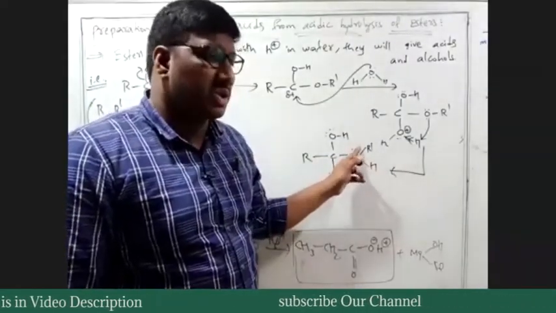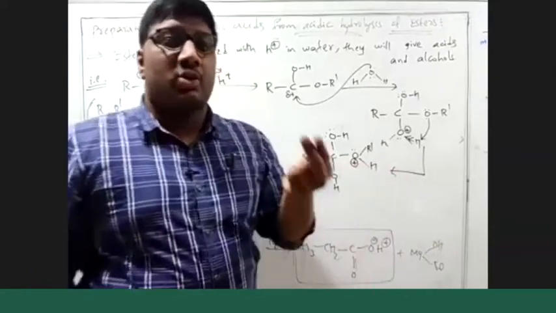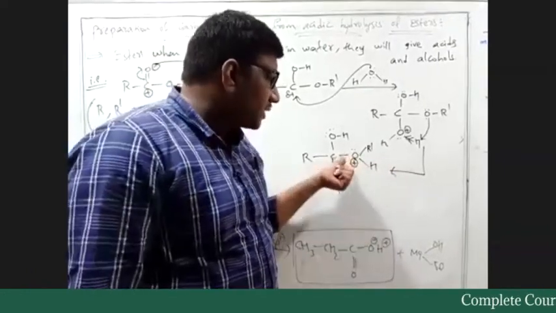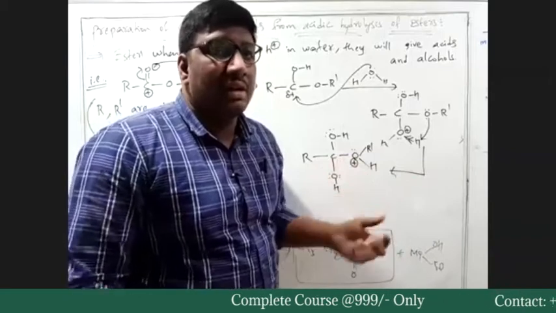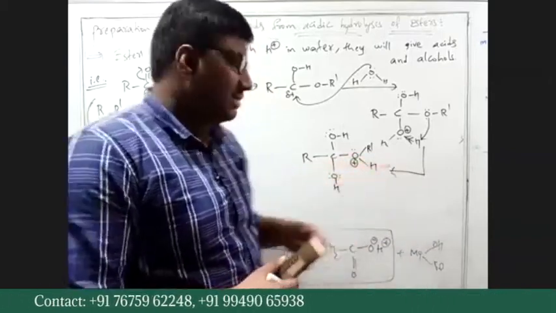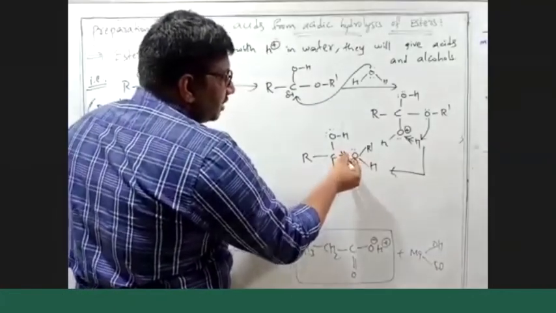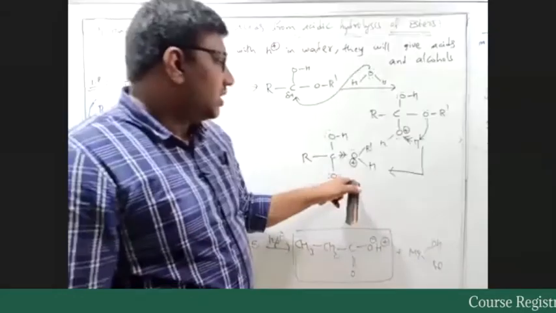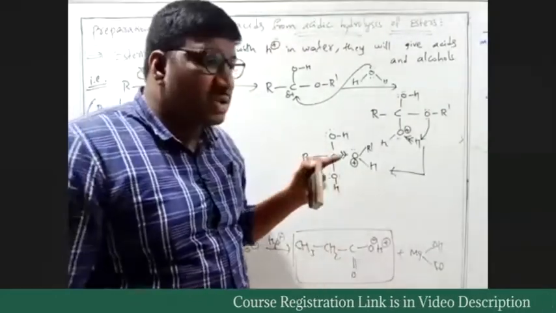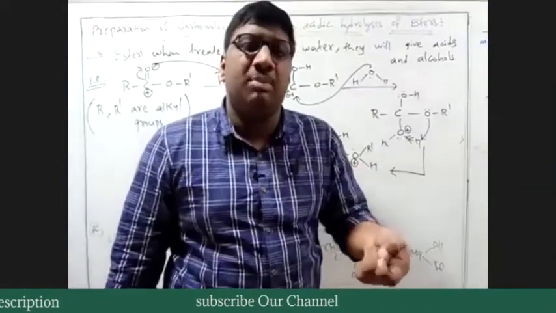This oxygen has positive charge, and this carbon and oxygen share two electrons. So we have electron density between carbon and oxygen. That electron density slightly moves towards oxygen to balance this positive charge. As soon as the electron density is moving towards oxygen, this carbon gets partially positive.